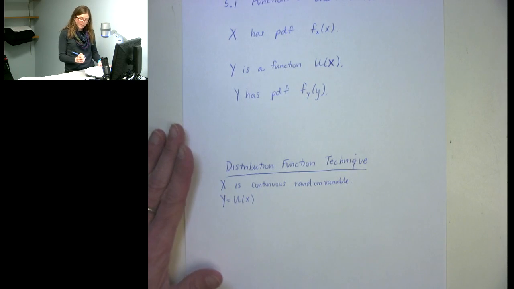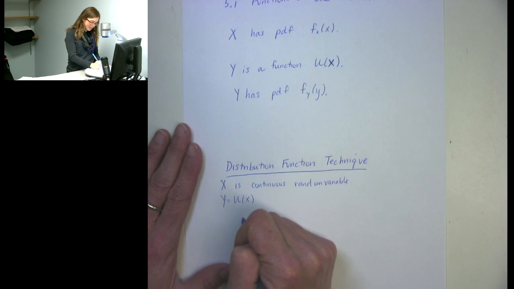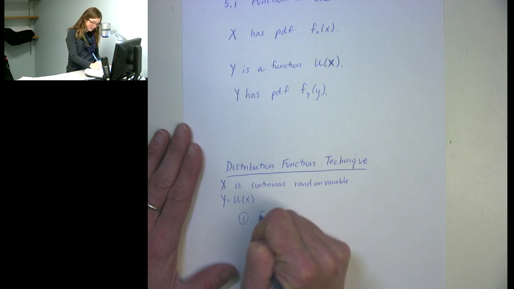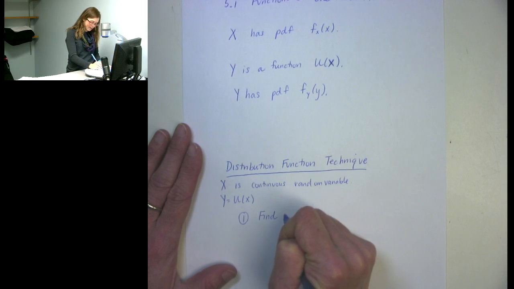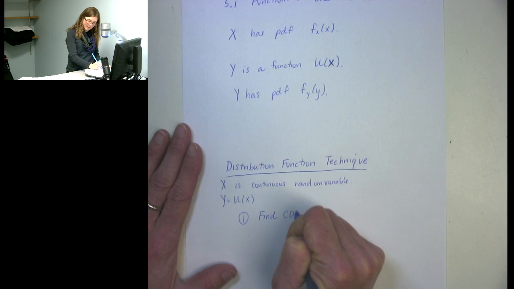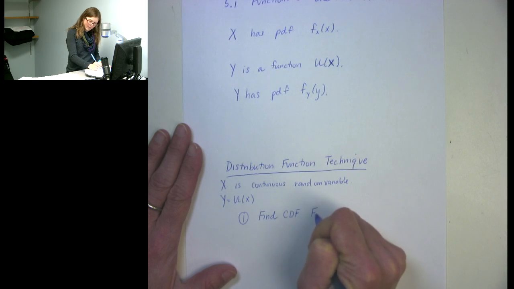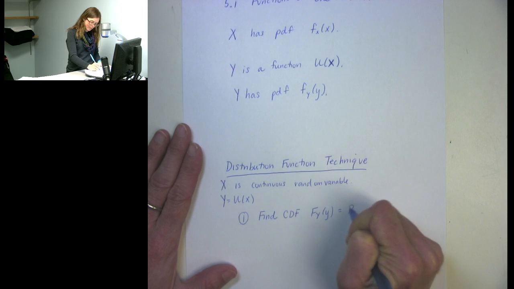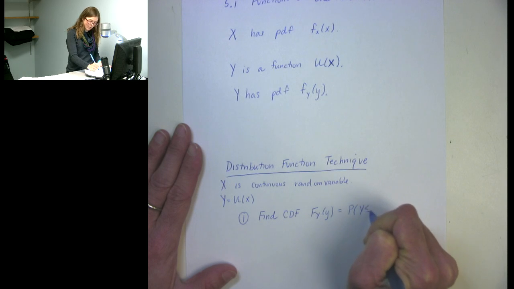The way that we're going to find the probability density function of y is by first finding the cumulative distribution function of y, which gives us the probability that y is less than or equal to little y.